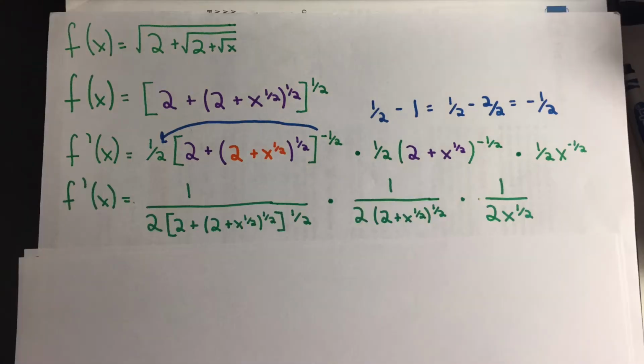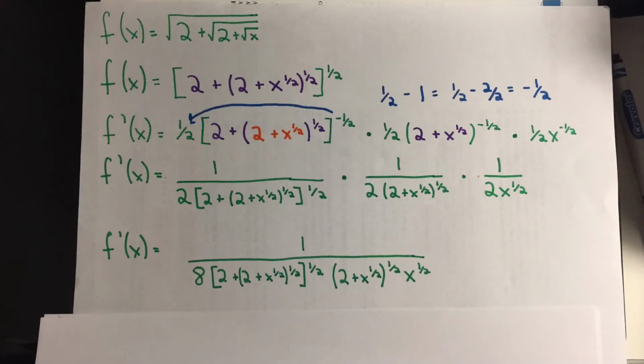Now that taking the derivative is done, all I have to do is start simplifying. The next thing I did was bring all of the negative 1/2 exponents down to the denominator, being raised to the 1/2. Now we are going to leave our bases just as they are, and we are going to multiply our 3 constants together, 2, 2, and 2, leaving us with 8 in the denominator.